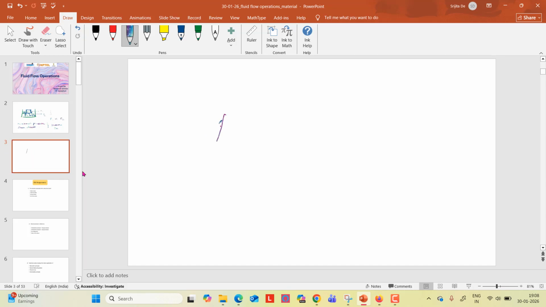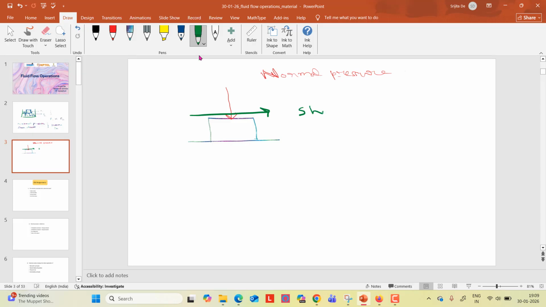If there is an object, the pressure acting normal is called the normal pressure, and the pressure acting in the tangential direction is the shear pressure, or shear stress, which is defined by tau.